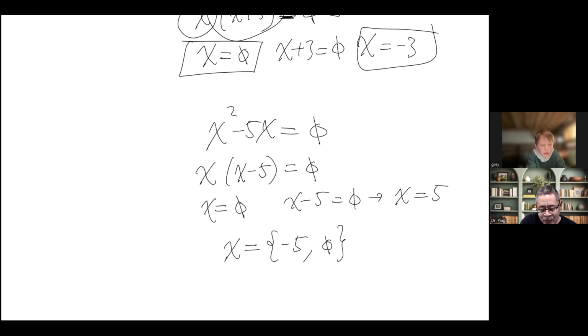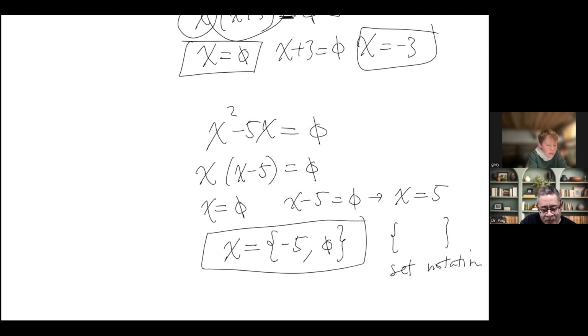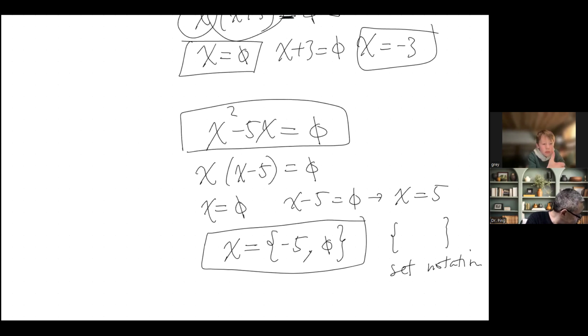This is called set notation, which means that in this set we have two elements, 0 and 5. So basically we're saying our x is either 0 or 5. Both are solutions for this equation. We good?